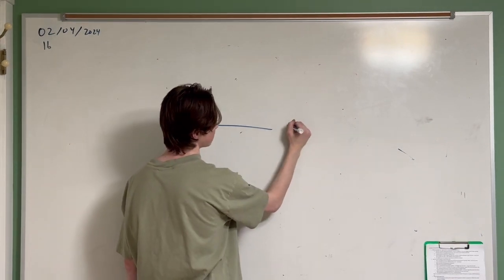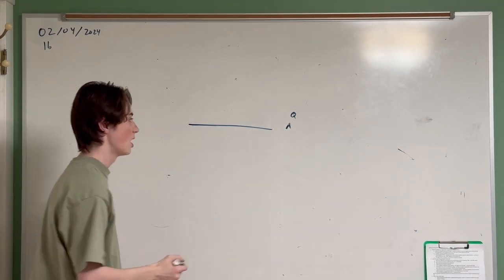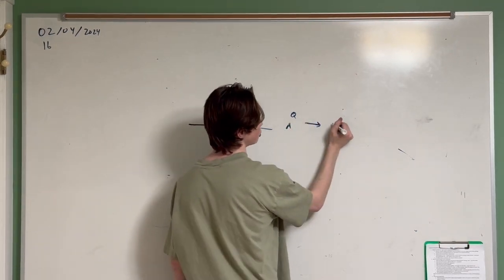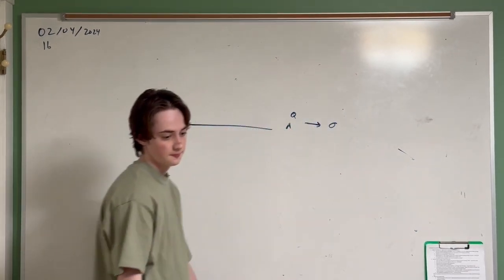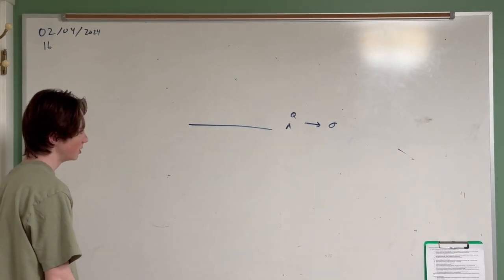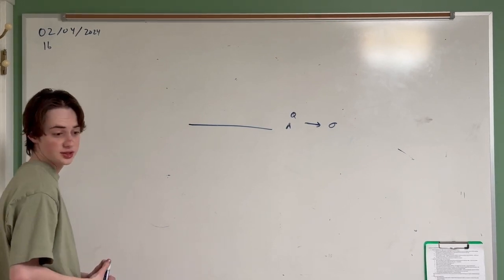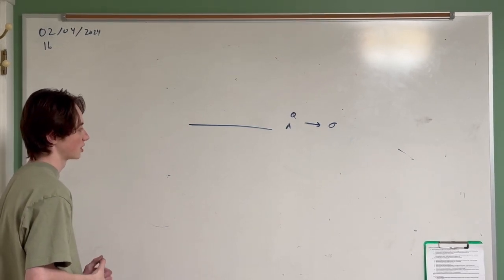So this plate has some area, it has some charge, and that also means that it has a charge distribution. So we're going to determine the electric field lines this plate gives off using the electric flux definition.